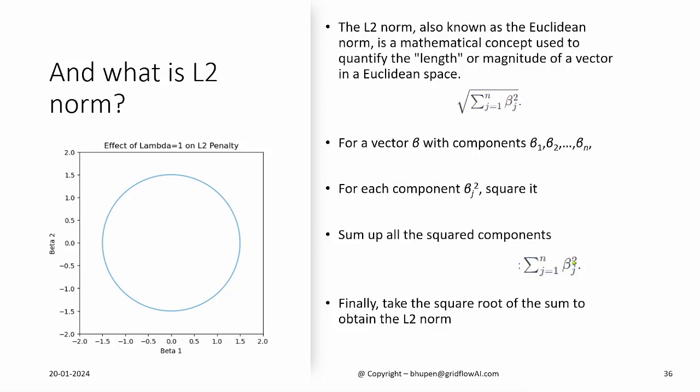Now this is the equation of a circle. So the L2 norm is the shape of a circle. Intuition about this shape is important to understand the effect of regularization, which I'm going to show you in the next slide.